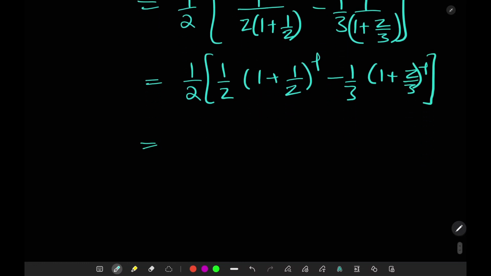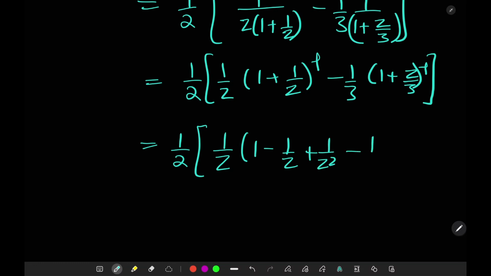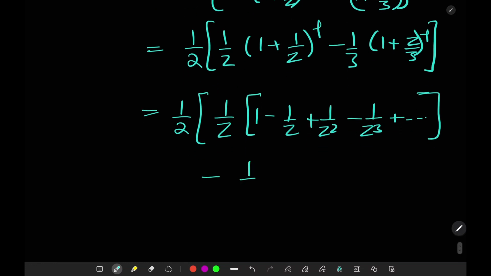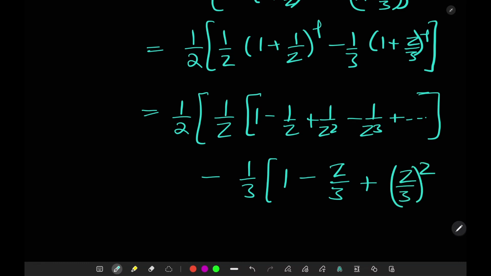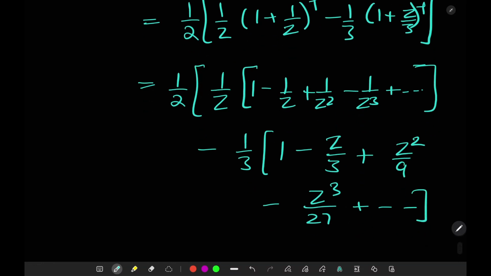Now expanding this term: 1 by z times 1 minus 1 by z plus 1 by z square minus 1 by z cube up to and so on, minus 1 by 3. Now expanding this term: z by 3 plus (z by 3) whole square minus z cube divided by 27. Here we can also write this: z square divided by 9 and so on.